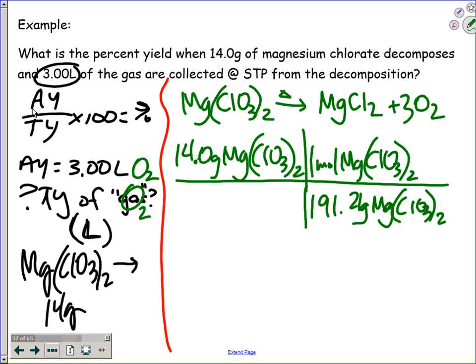You guys get to liters of oxygen. Go. You're getting to liters of oxygen.